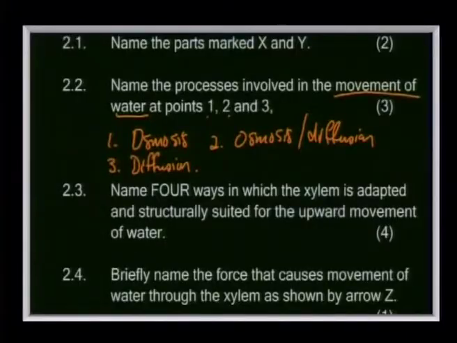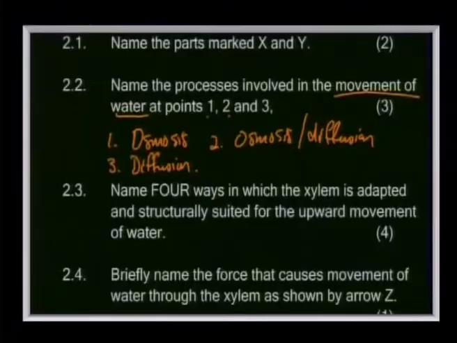Diffusion is the movement of any substance from a higher concentration to a lower concentration along the concentration gradient until an equilibrium is reached. All right, so people, just be very careful there. If the water moves through a membrane, it is osmosis. If it doesn't move through a membrane, it would be diffusion. Also, osmosis is about water potential, and with diffusion, you talk about a concentration.